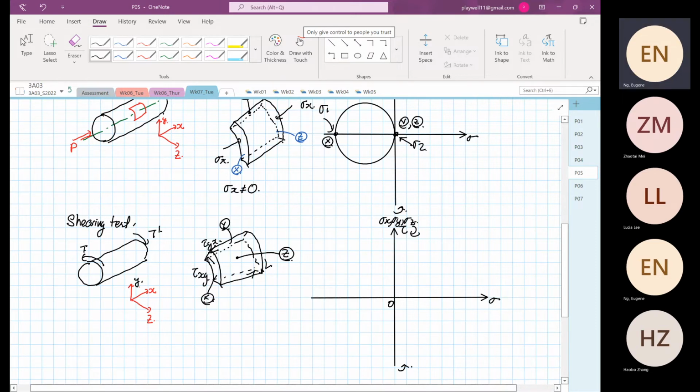Okay, and then if we were to look at the rotation of the element, x is doing an anti-clockwise direction, so this is our point x. Over here, this is our point y, and then from here we draw another circle.